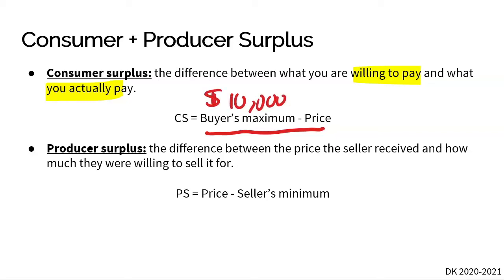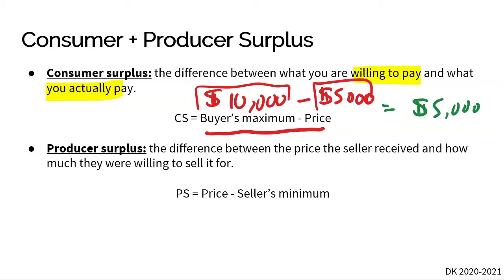If it's $10,001, I'm not going to buy it, because that is my maximum price. But let's say the actual price of the car is $5,000. Well, what is my consumer surplus? It's my buyer's max, the highest amount I'm willing to go, which is $10,000, minus the actual price I paid for the car, which is $5,000. So here, our consumer surplus is $5,000.